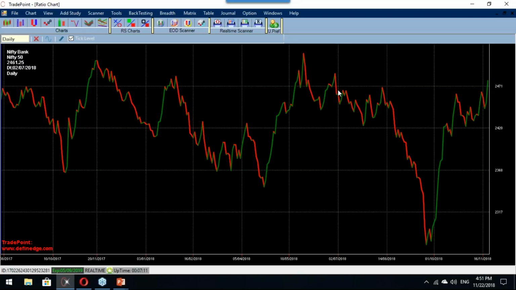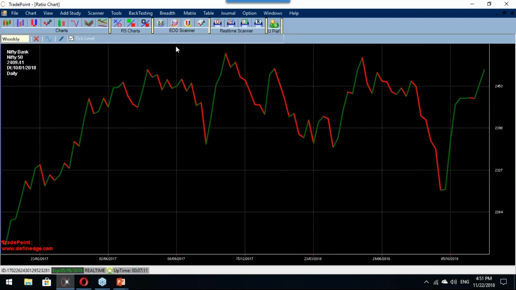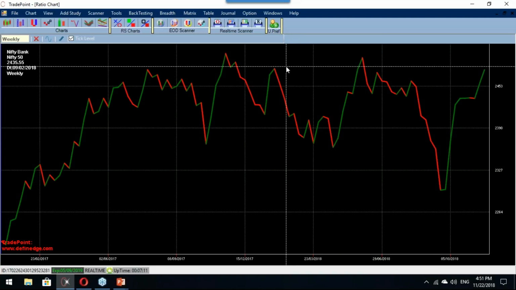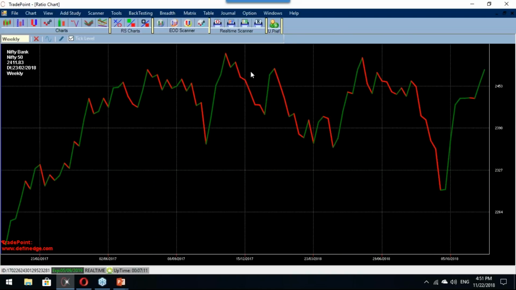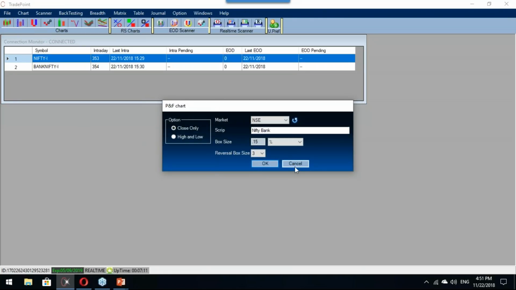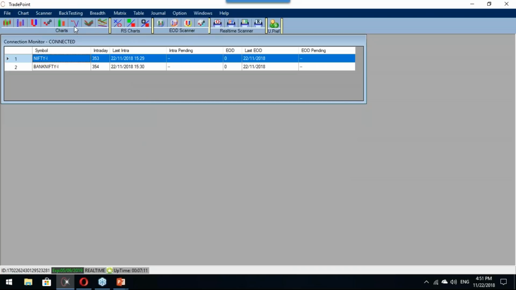I really don't know. But if you look at the ratio chart, we are somewhere around the resistance level, isn't it? So maybe not. We don't know. So this ratio chart, we can plot in the point and figure format.